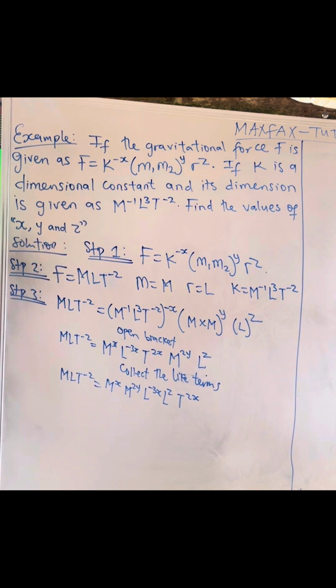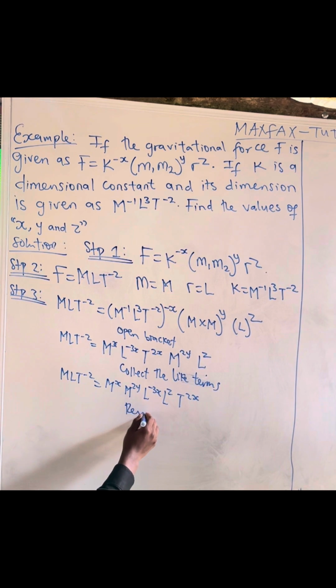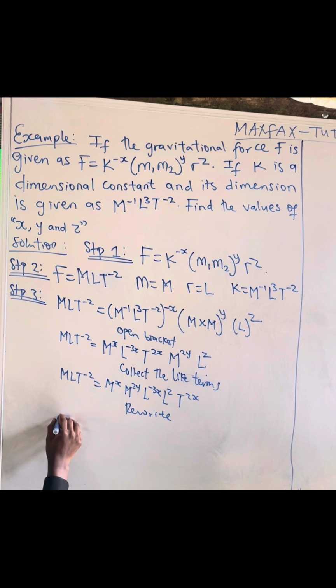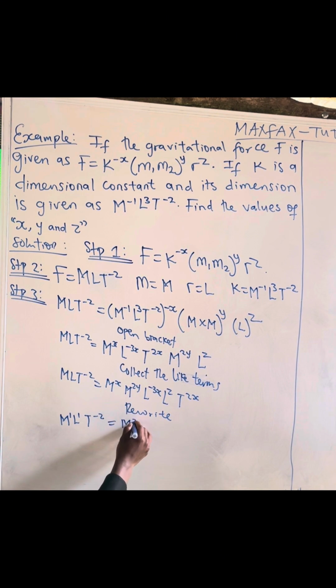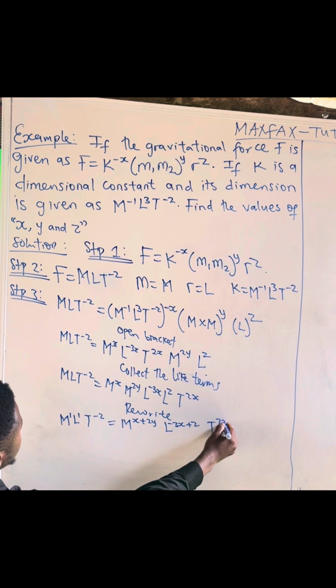Then we are going to rewrite. The left side will be written as M raised to power 1, L raised to power 1, T raised to power minus 2. Joining these together, this will be M raised to power X plus 2Y, L raised to power minus 3X plus Z, and T raised to power 2X.